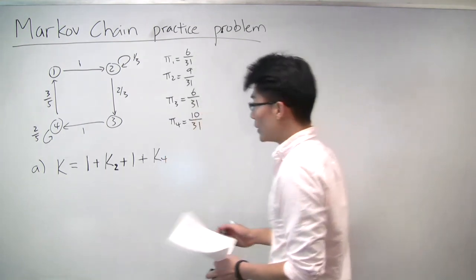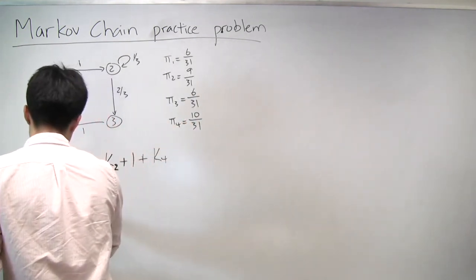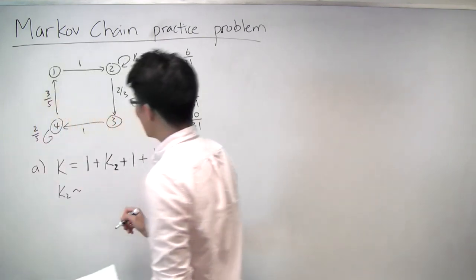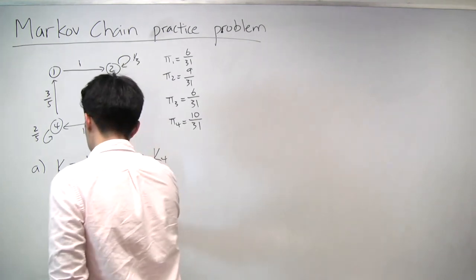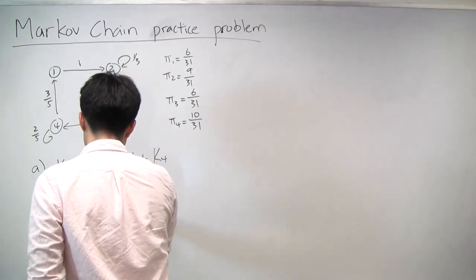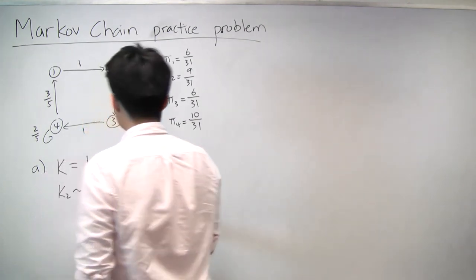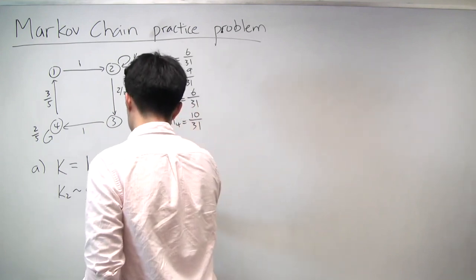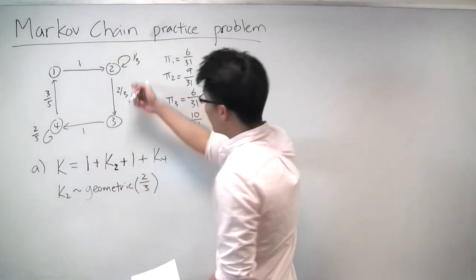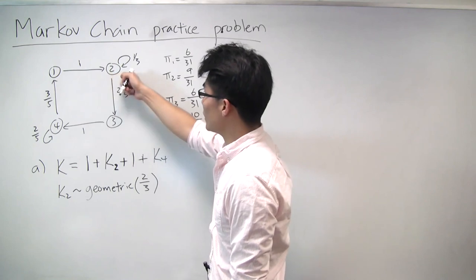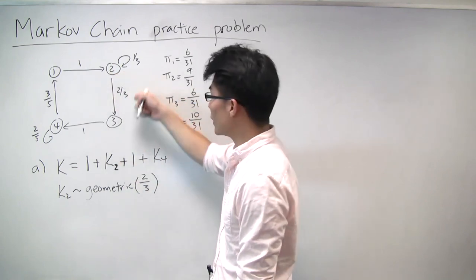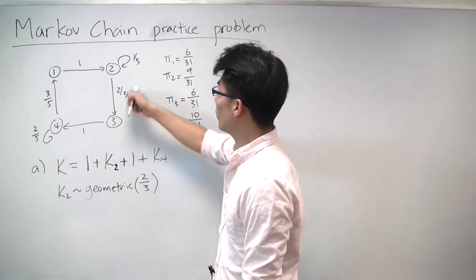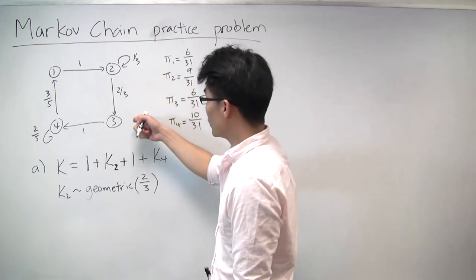Now, we actually know what the distribution of k2 is, because k2 is just geometric, with the probability of success equal to 2/3. Why is that? Well, once we get to state 2, k2 is just the number of transitions until we first go to state 3. That really is exactly what a geometric is.